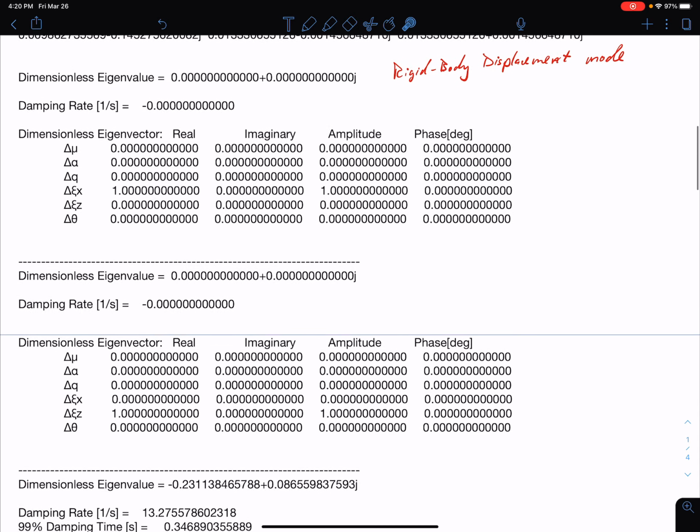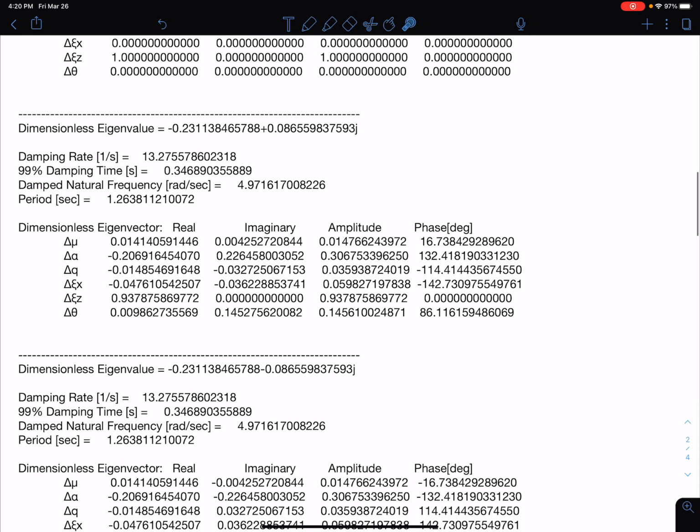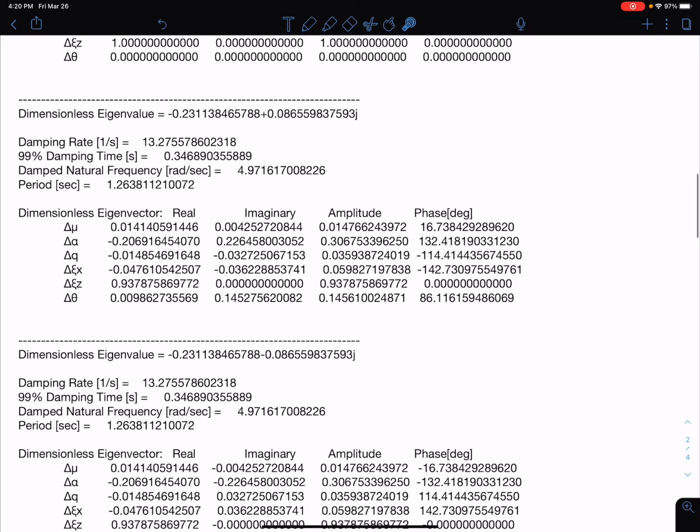Okay. The next pair of eigenvalues here, this is the dimensionless eigenvalue. It's a complex number, and its counterpart came out here as a complex conjugate. And from this, I can dimensionalize this information and get a damping rate of 13.